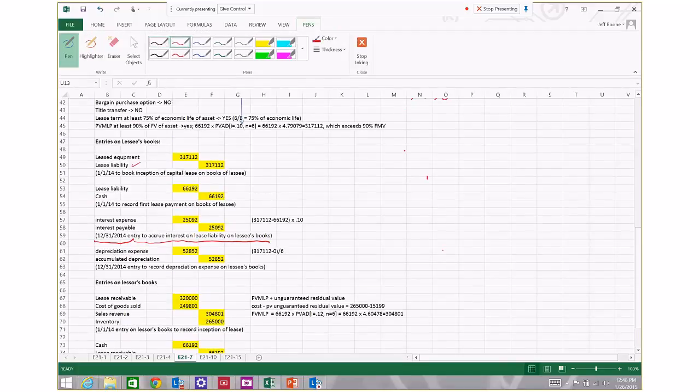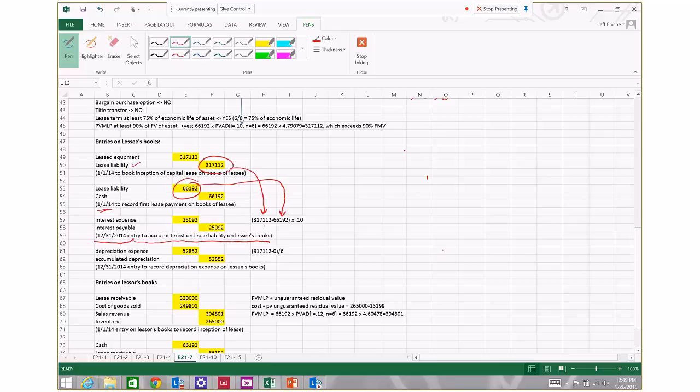Okay, so what the lessee is going to do is take the carrying amount of the lease liability in their accounting records at the beginning of the interest period. The beginning of the interest period is January 1st, 2014. The carrying amount of the obligation in their accounting records is the amount they originally credited the lease liability account for, less the amount that they debited the lease liability for in connection with that first payment on January 1st, 2014.